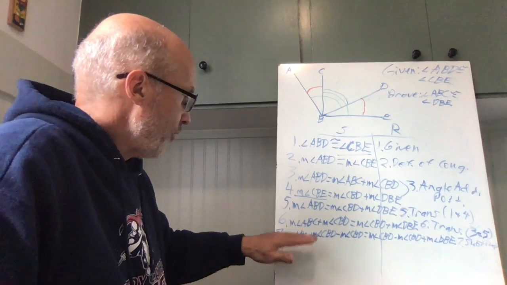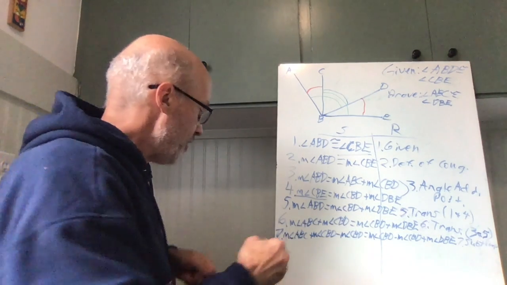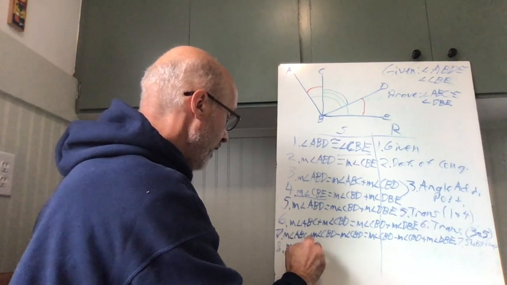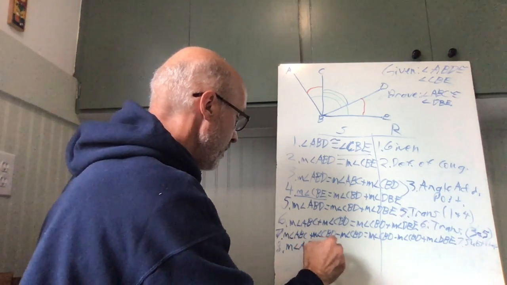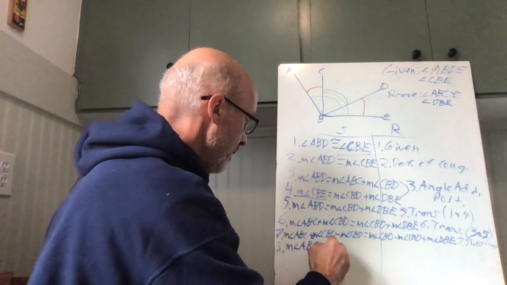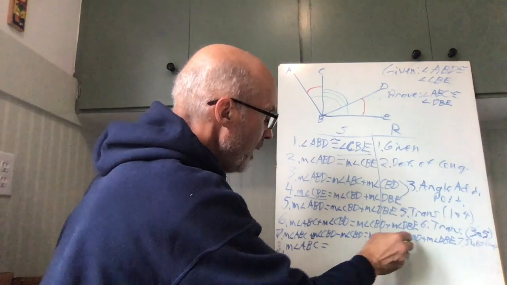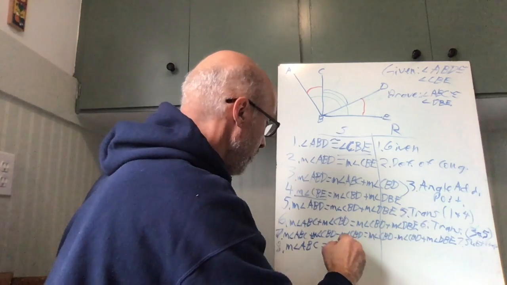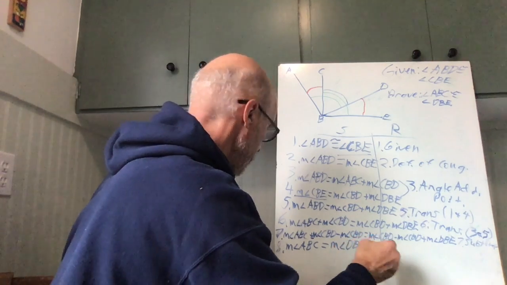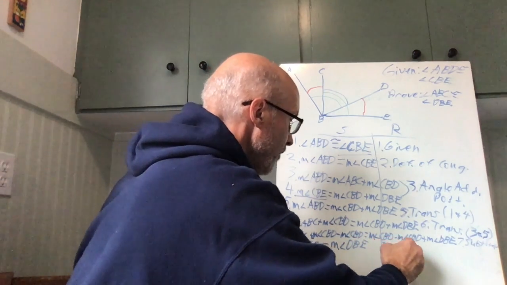All right. So now if I simplify, I'm almost there. Step 8. Measure of angle ABC. Now this minus that just goes away. Equals. This minus that goes away, and I'm left with the measure of angle DBE. And the reason for that is simplify.